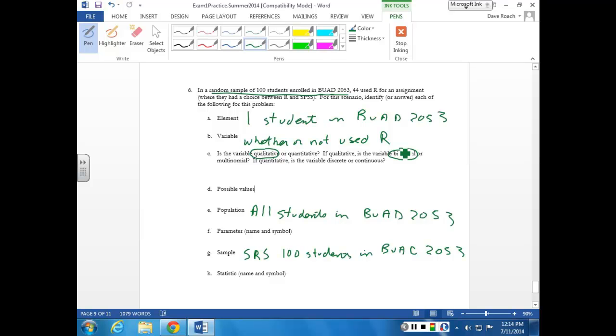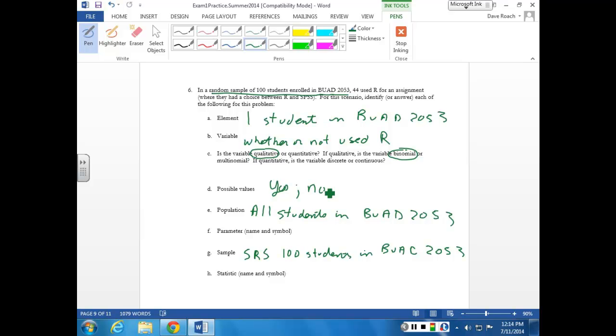And the possible values are yes or no, or you could put used R, didn't use R. And since it's a categorical variable, we're not computing averages, we're just computing proportions or percentages.